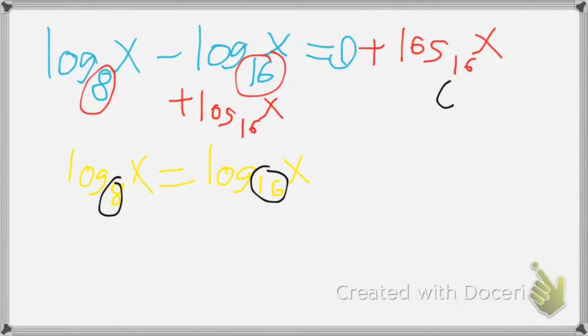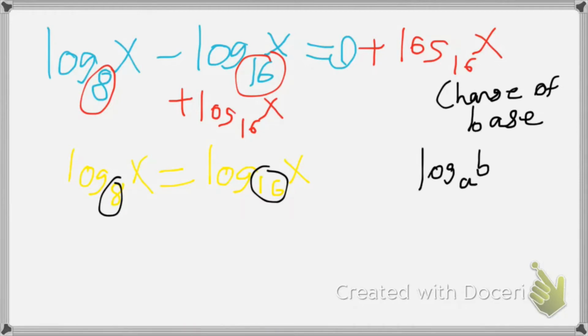So the change of base property: log base A of B can become log base C of B over log base C of A. So we're going to do that to both of these functions.